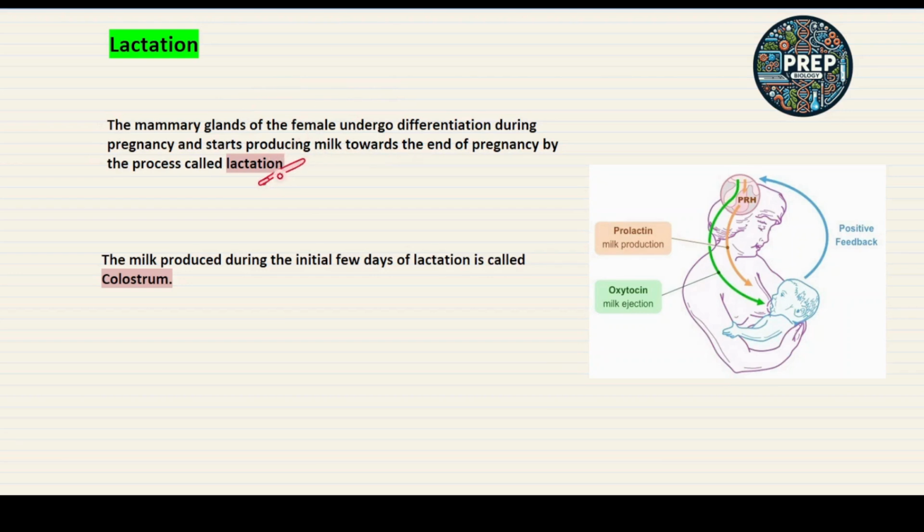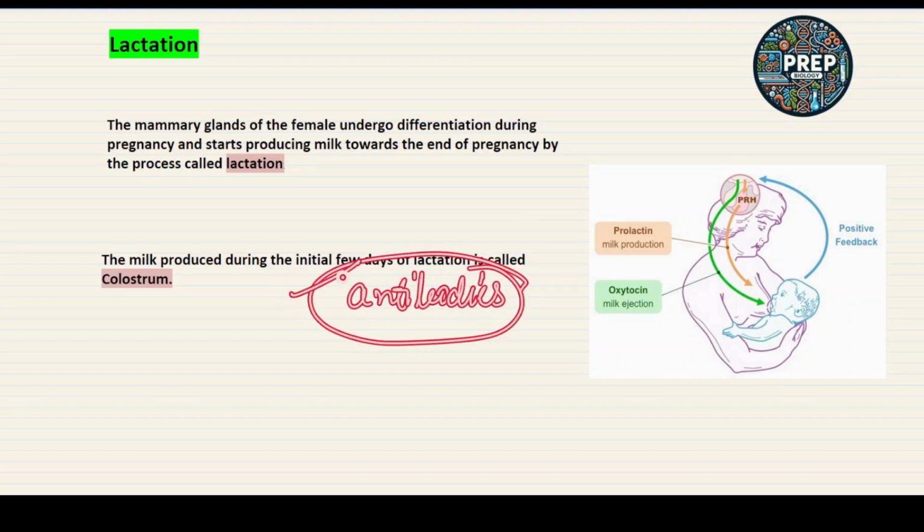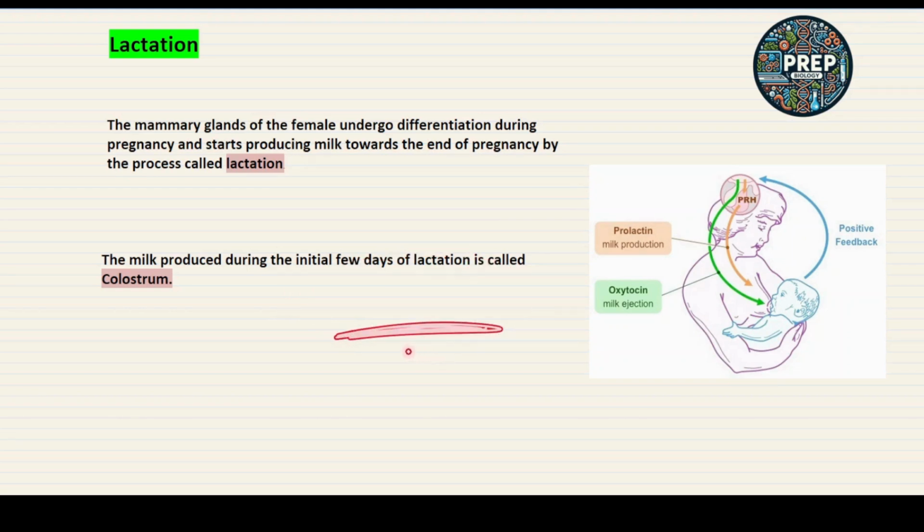That process is called lactation. One very important point: the milk produced during the initial few days of lactation is called colostrum. It is very important for a baby because it contains multiple antibodies, which are important for the baby's immune system.